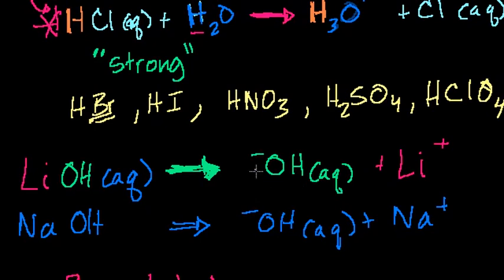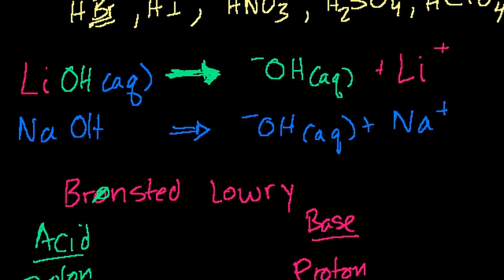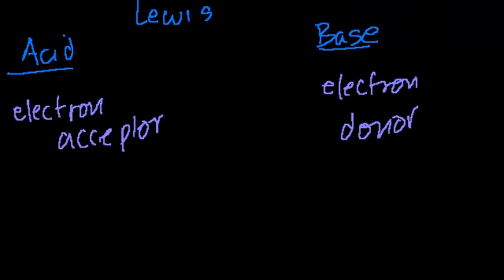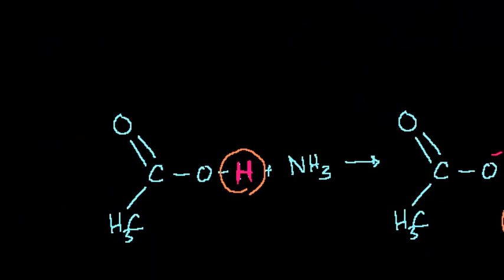You can say, hey, it's donating this OH, which has this negative charge, so it's an electron donor. It's kind of squishy that way, so I'm not a big fan of that definition. In my mind, Arrhenius makes the most sense, and it's the purest thing. Are you creating hydronium or not, or are you creating hydroxide or not? But just to show that the Lewis acid-base definition is the broadest definition.